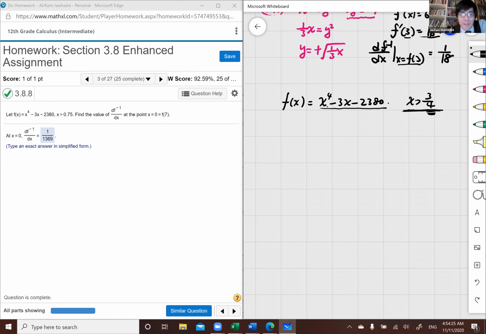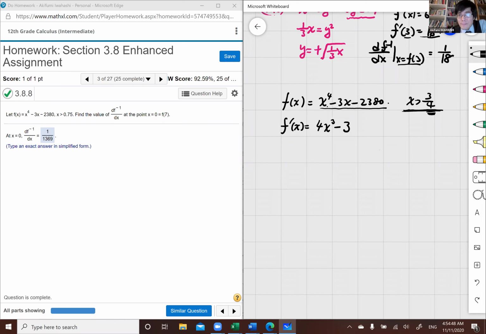But anyway, I need to find the derivative of the inverse, but let's first find the derivative of the original function. So the derivative of the original function is 4x cubed minus 3. That's it. Okay.